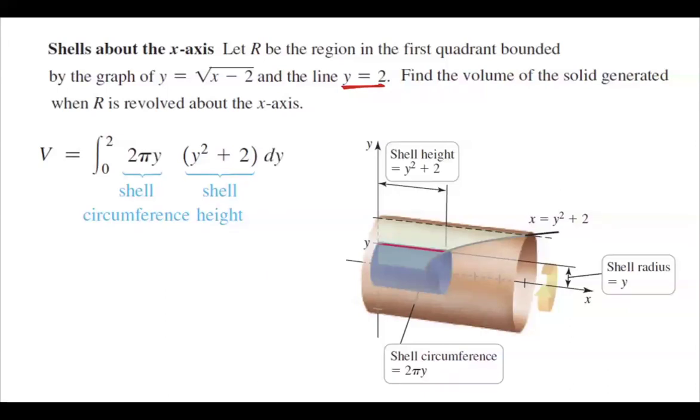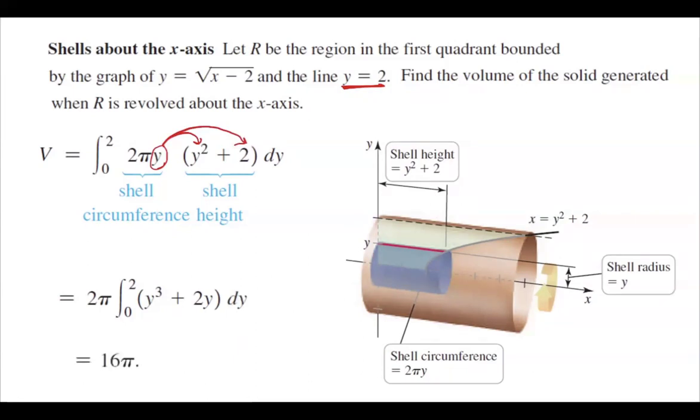Then you take the integral with respect to y. So the volume is equal to 2 pi, definite integral 0 to 2 of, well, let us distribute y into parentheses, y to the third plus 2y, then take the integral, which is much easier.